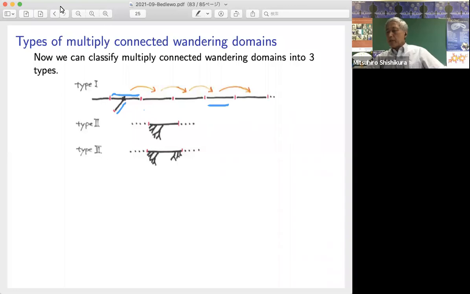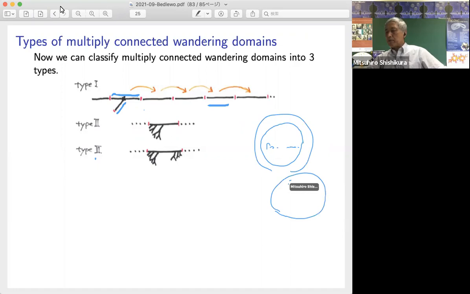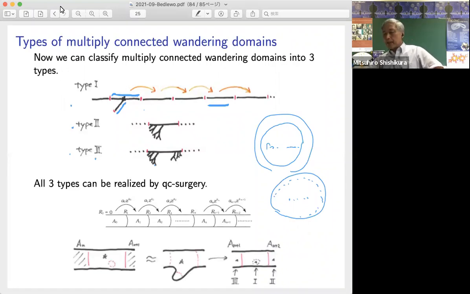One is that you have an annulus near the outer boundary and then infinitely many complementary components. The other, type 3, is that near the outer boundary you still have infinitely many complementary components, and inside you necessarily have infinitely many complementary components.